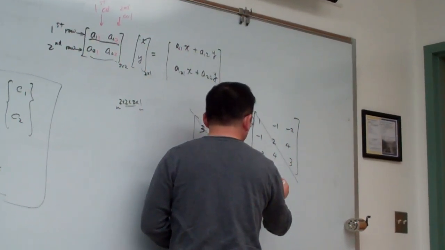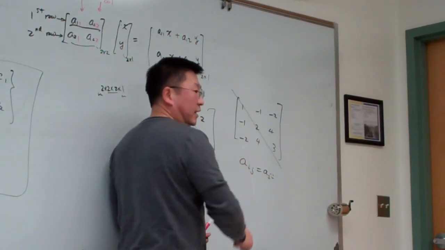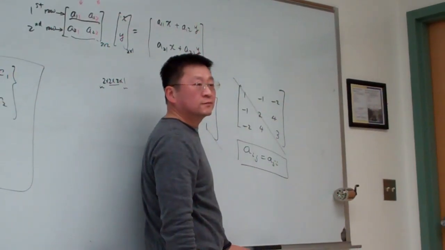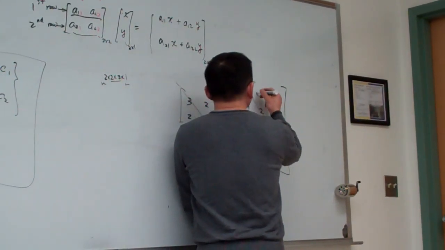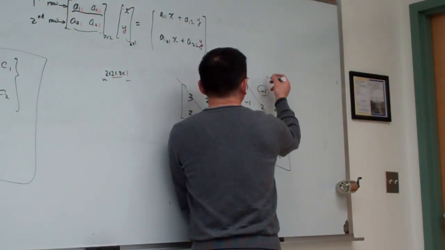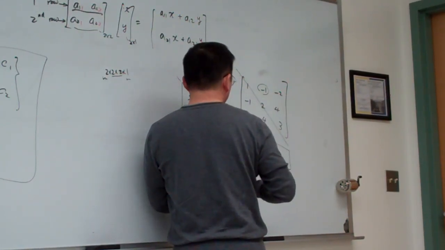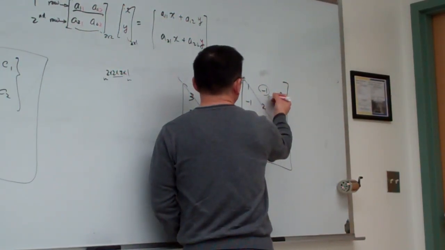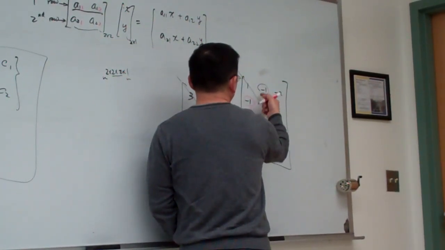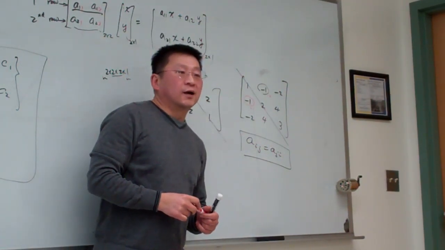Symmetric simply means a_ij equals a_ji. That is the definition for symmetric elements. For example, this element has index 1, 2, and this element has index 2, 1. Following this definition, that is a symmetric matrix.